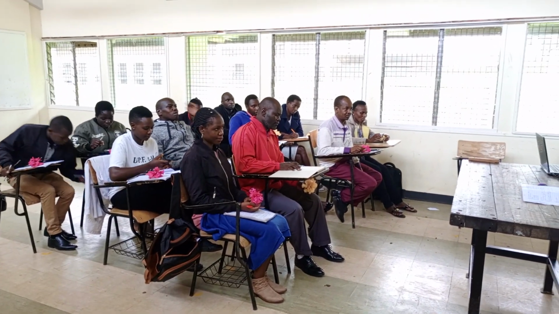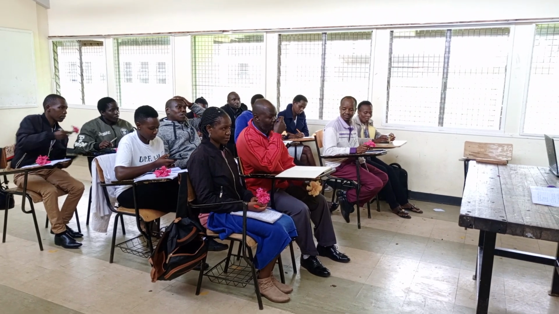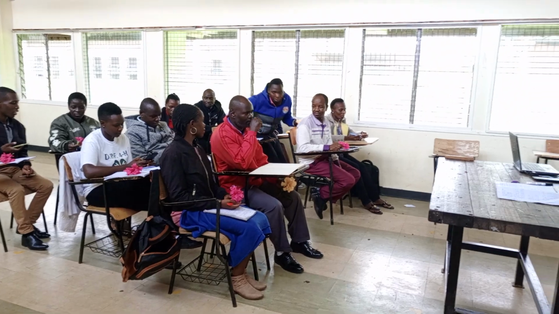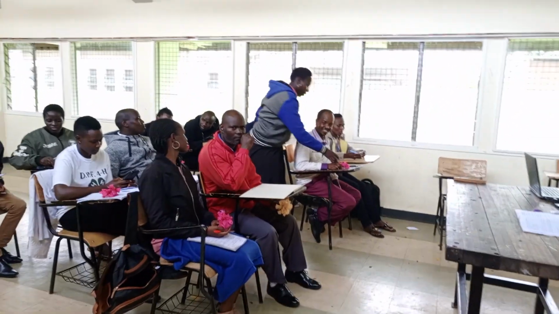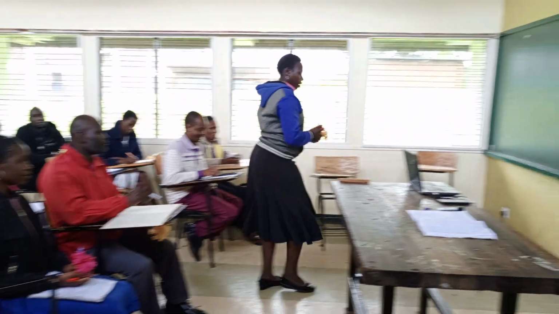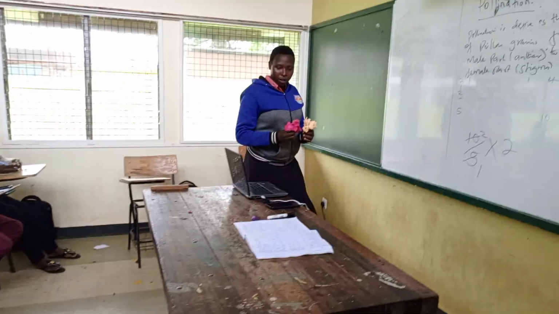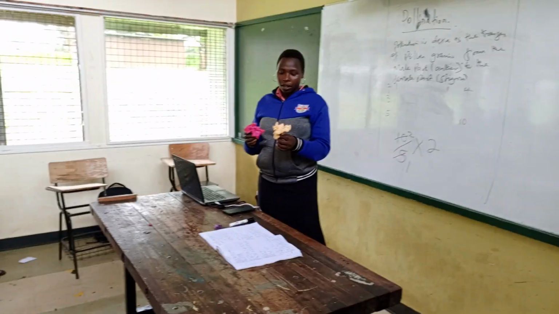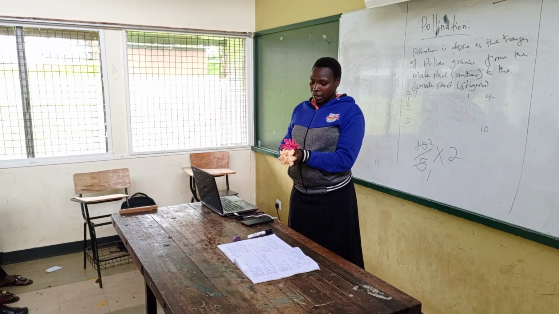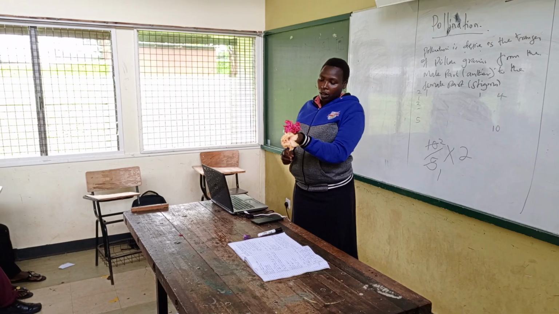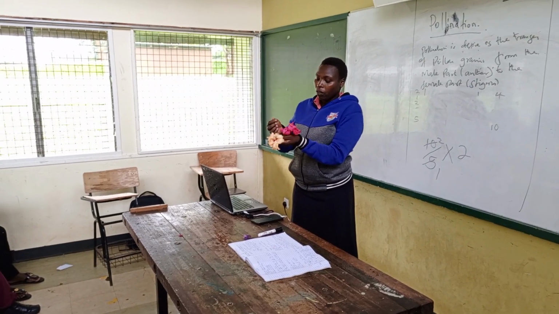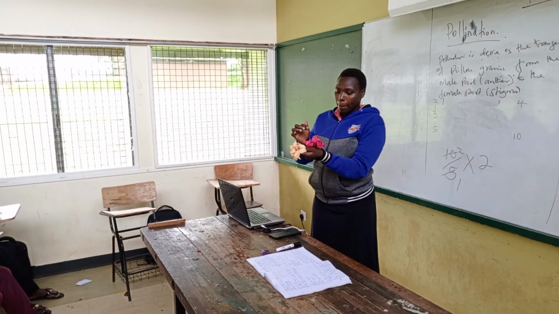So let us hear from group 1. Group 1, can you come and present your finding about pollination? So in group 1, we are going to demonstrate how pollination takes place. Pollination takes place when pollen grains are transferred from anthers.